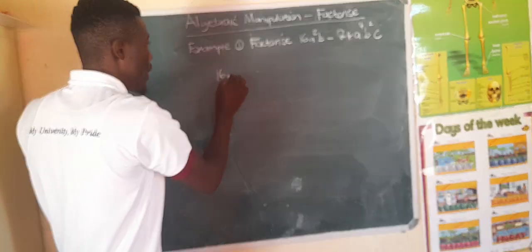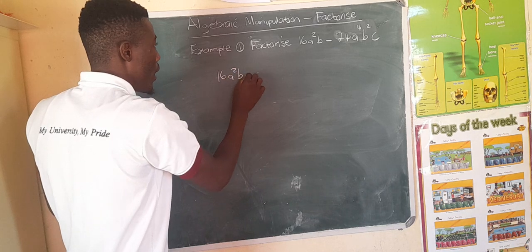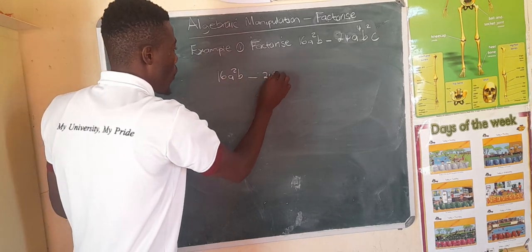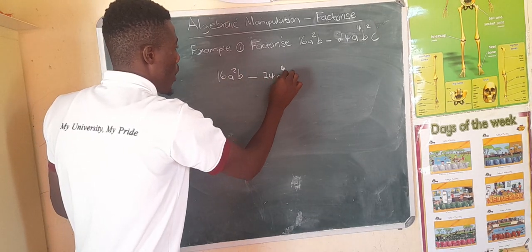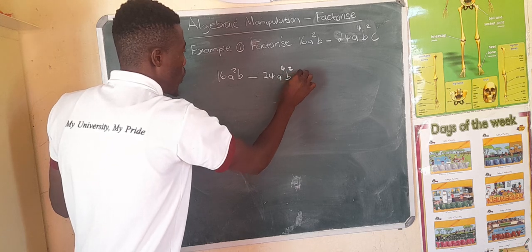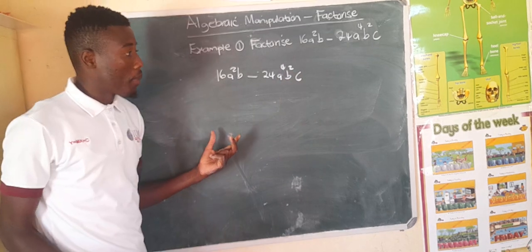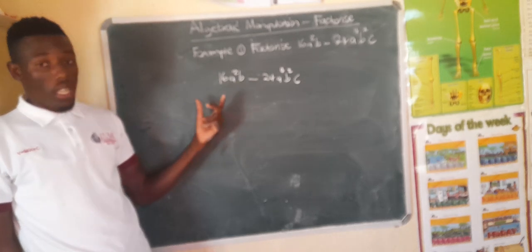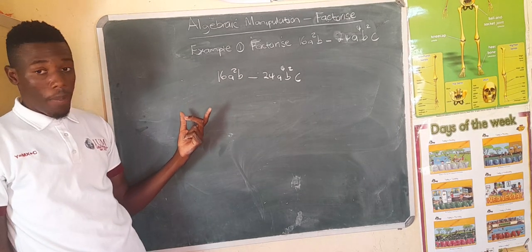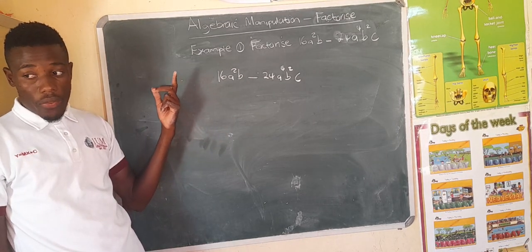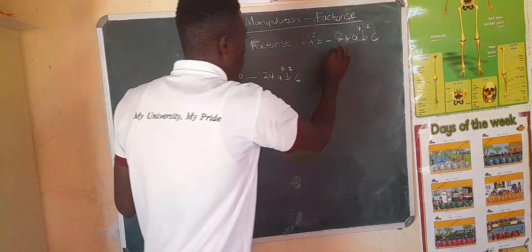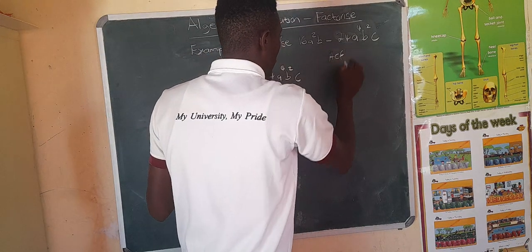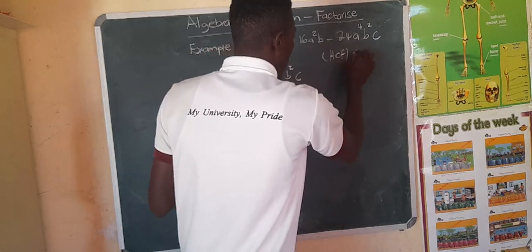So we have 16a squared b minus 24a to the power 4, b to the power 2. So for today, we are going to factorize by finding the highest common factor, or a common factor.